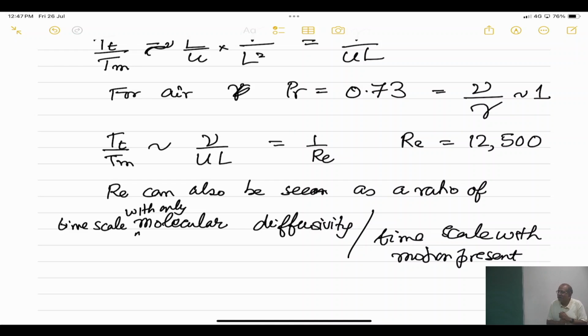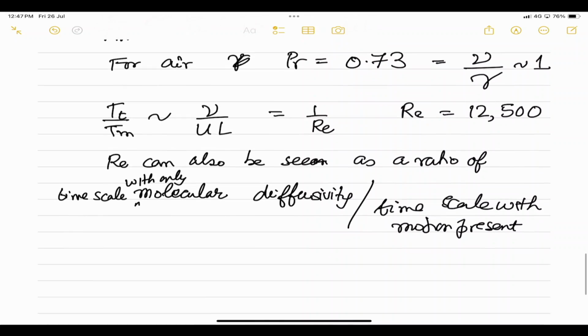That is what we are trying to get to: just with diffusion you get large time scales. But if any motion is there, convective motion, whatever be its velocity, if it is 2 you will get a slightly smaller or bigger number, but that makes a big difference in the time scale. That is what we are trying to show.